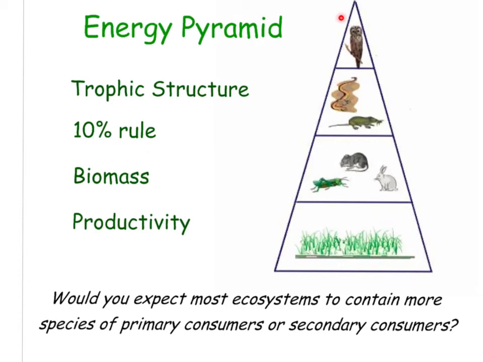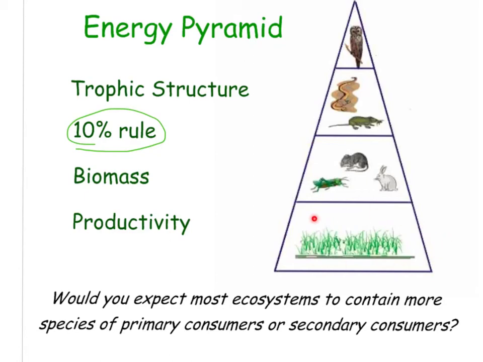at the top. Now we have one important rule to mention here, the 10% rule. Basically, when we draw an energy pyramid, the idea is that each level in our energy pyramid is decreasing in size because each level is receiving about 1/10 of the energy from the level below it.